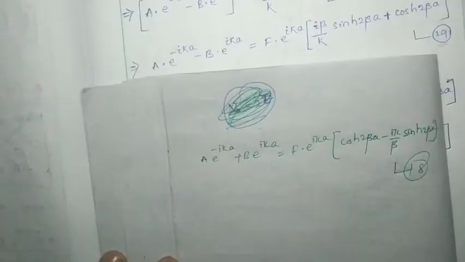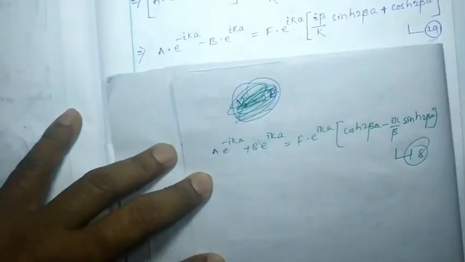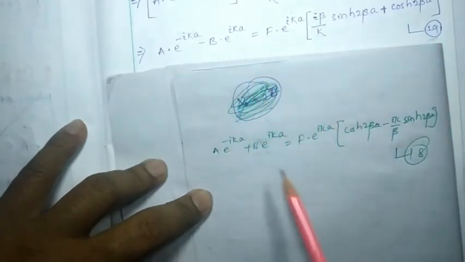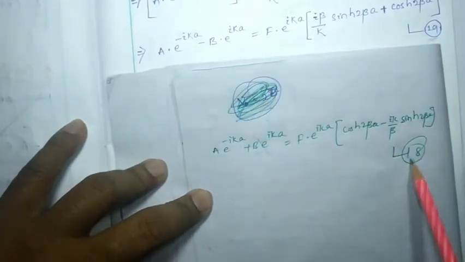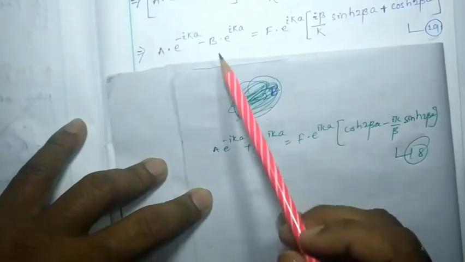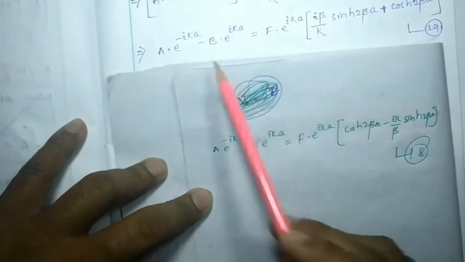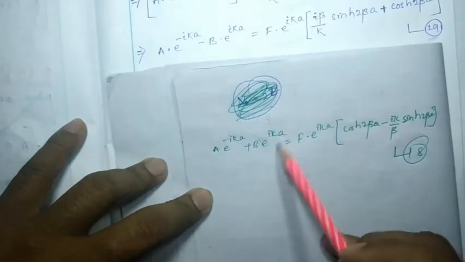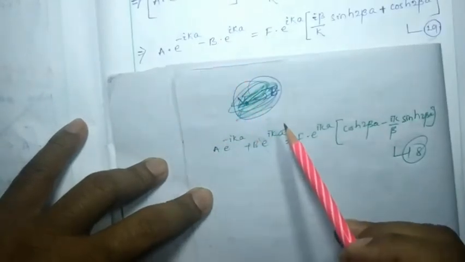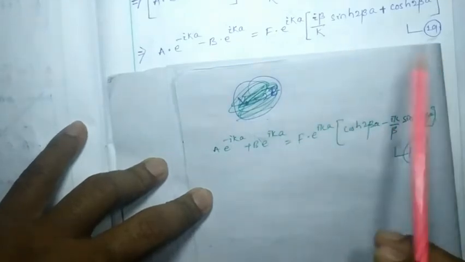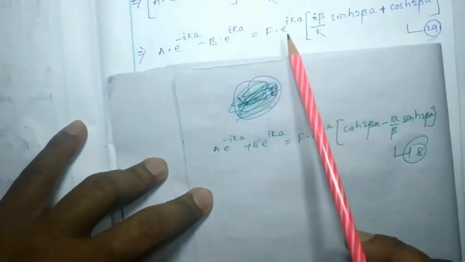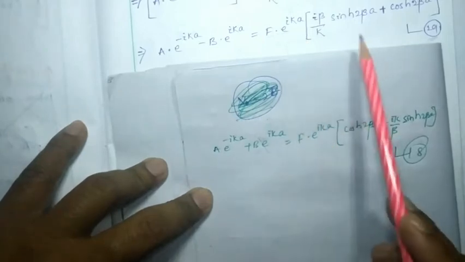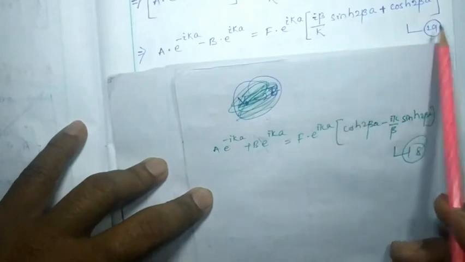See, this is our equation number 19 and this is our equation number 18. On the left side you can see that minus B e to the power ik and plus B e to the power ik, these two terms can be cancelled out. Okay, here you can carefully watch, see here f e to the power ik, f e to the power ik, these are common among equations 19 and 18.